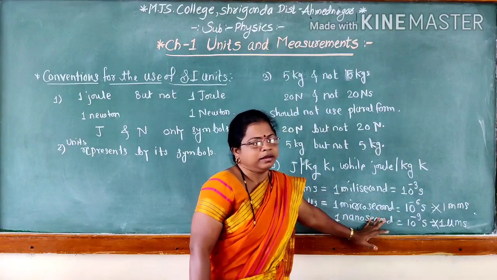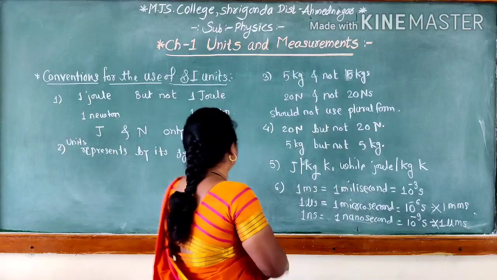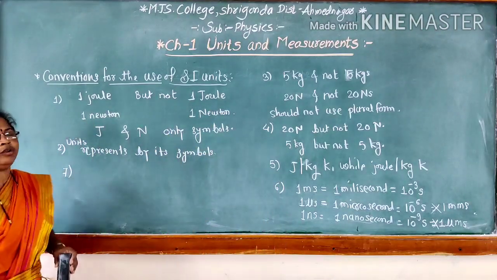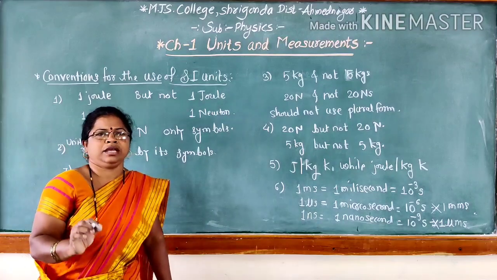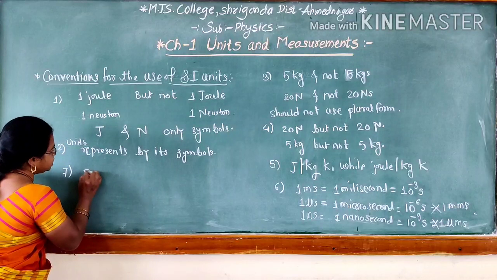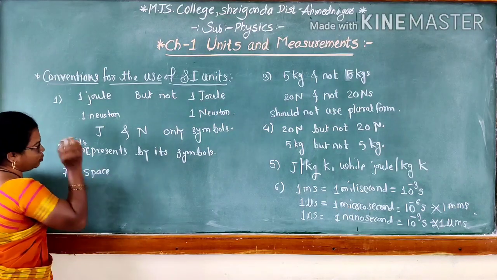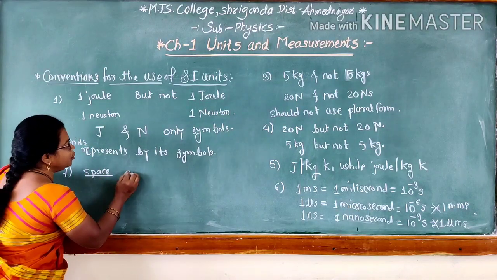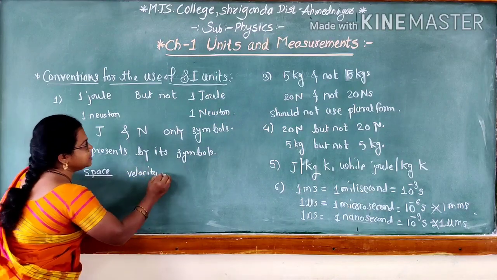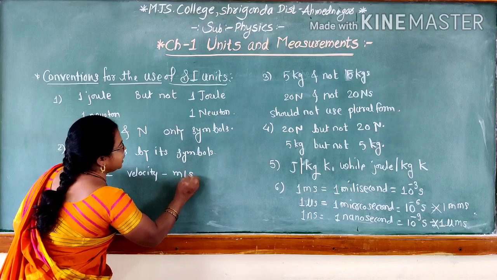Then the last one, the 7th convention, is that we have to give a space in between 2 units. The unit of velocity is meter per second.